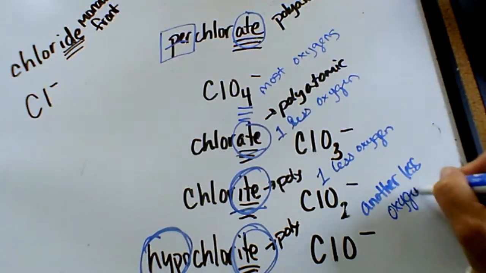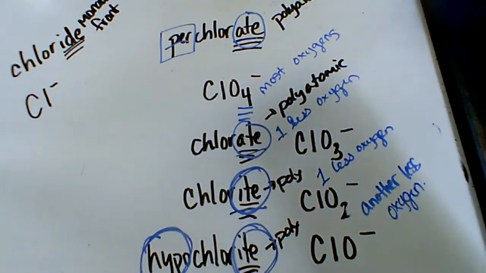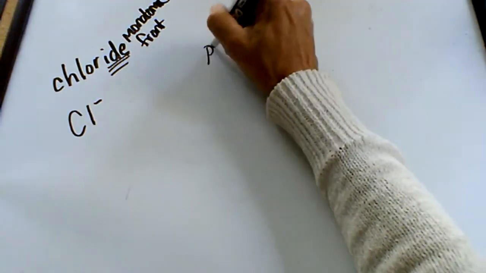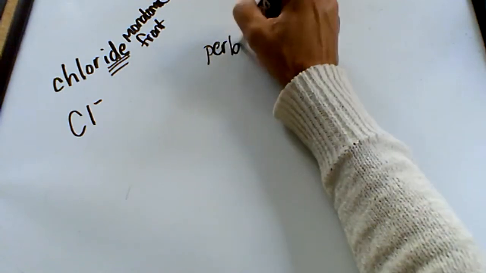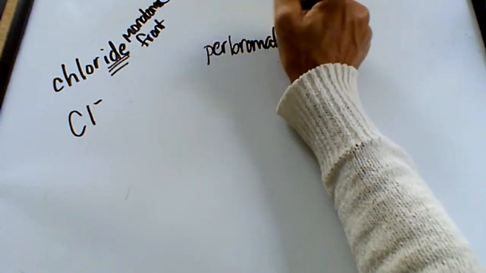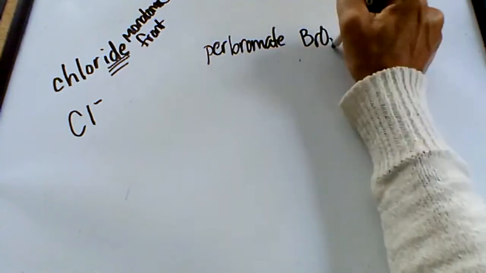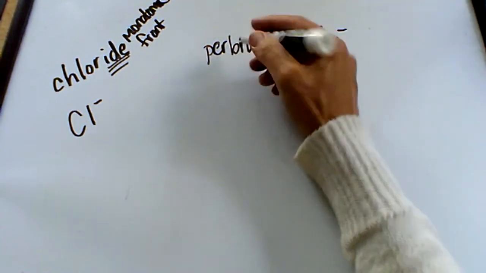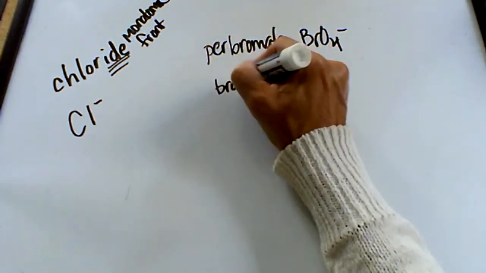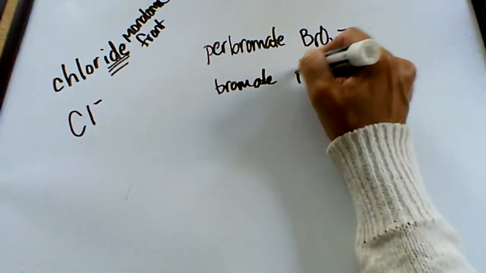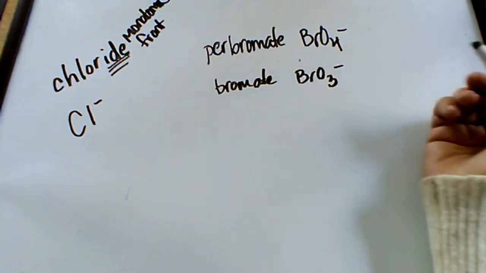I'm going to give one more example of that, and then Miss Murphy's going to sign off. You would see that with your bromates. I could say perbromate, that's BrO4 negative. I could get rid of the per and write bromate, that's BrO3 negative.